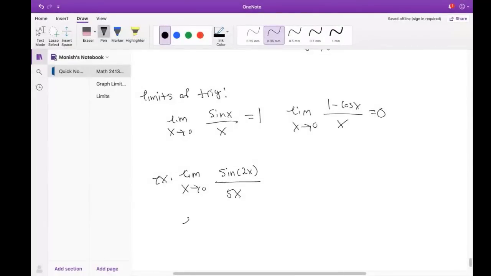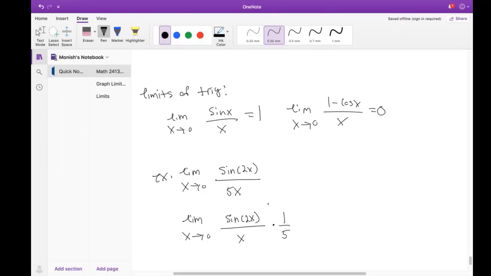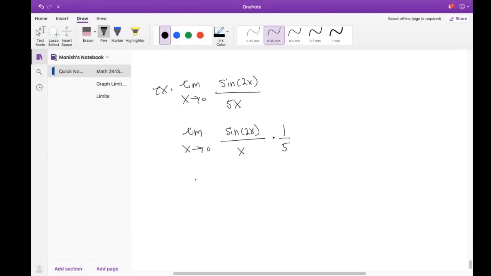Because you want the sine of 2x to have a corresponding 2 in the denominator. So what you could do first is rewrite this as sine of 2x over x times 1/5. The same thing as this, I'm just rewriting it so that it looks different.